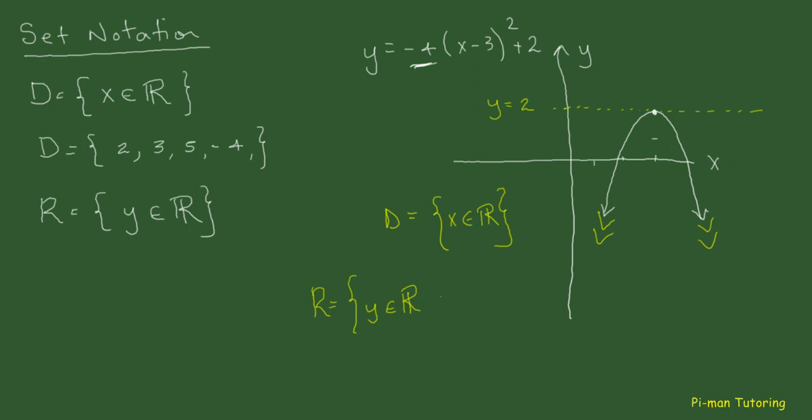So we have a restriction, and when we have a restriction, we put in a vertical line, and this vertical line means such that. So y belongs to the set of all real numbers such that, and then you put the restriction: y is less than or equal to 2. Close the bracket. Let's look at a couple more.